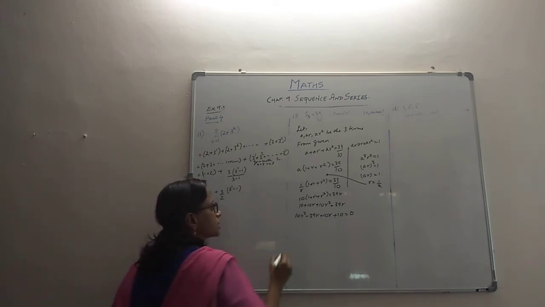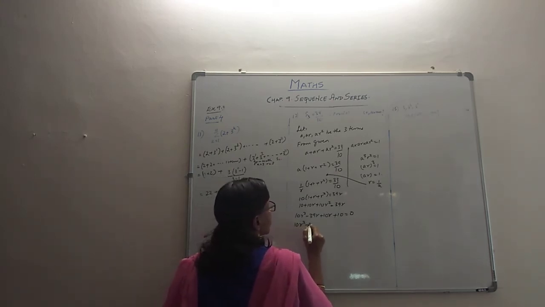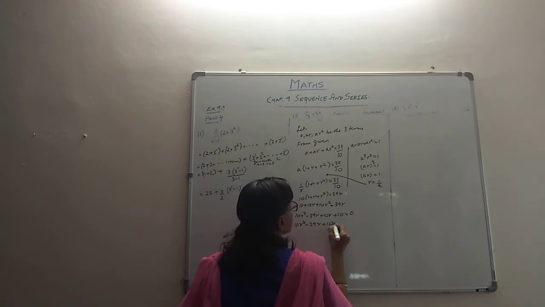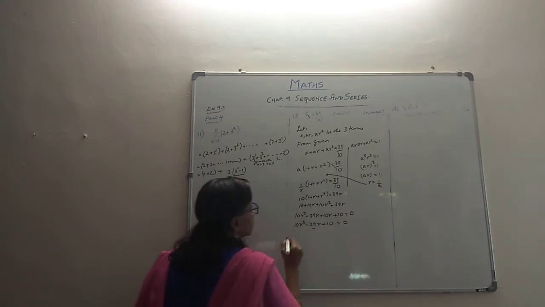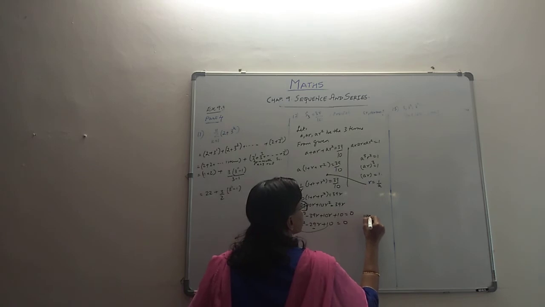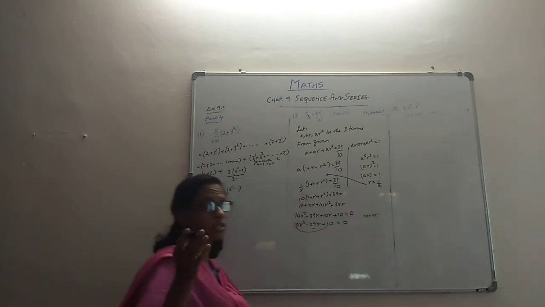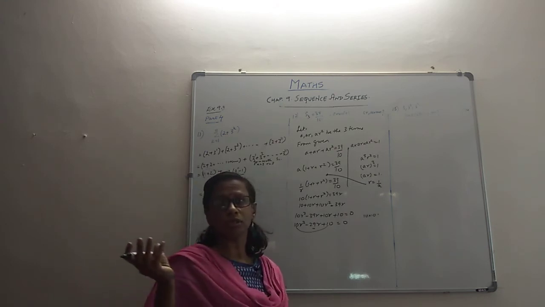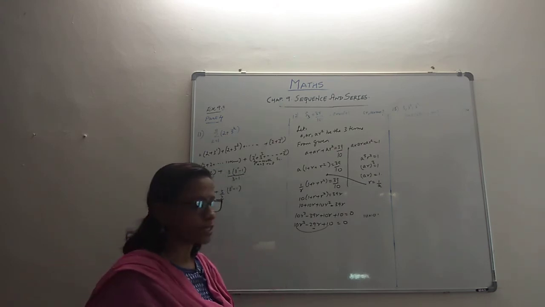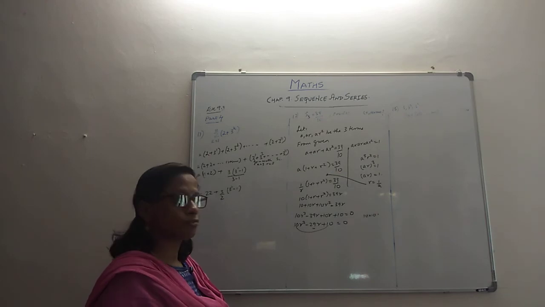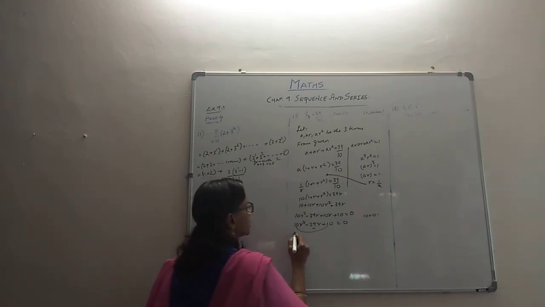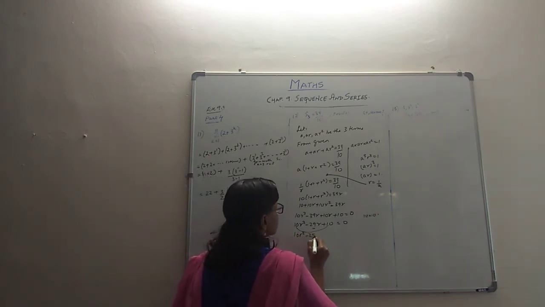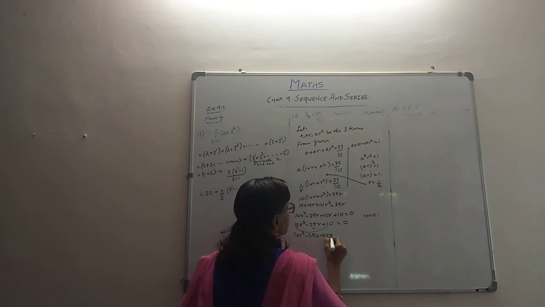Minus 39 plus 10, it's minus 29R plus 10 equal to 0. 10 into 10, 100. Do we know of any break? 100 is a famous thing. We were doing the other day also. 100 is 10 into 10, it's 25 into 4, it's 20 into 5 and so on. 29 into 4 should work good here. So it will be like 10R squared minus 25R minus 4R plus 10 equal to 0.